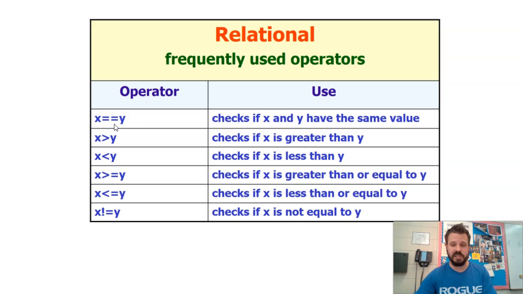It's the double equal sign for checking if values are equal. Then we have the greater than, less than, greater than or equal to, and less than or equal to operators. Those work the way you'd think, just like they do in math class. And our last one, exclamation equals, is the not equal operator. This checks if x is not equal to y. It'll evaluate to true when they're not equal, and false if they are equal.